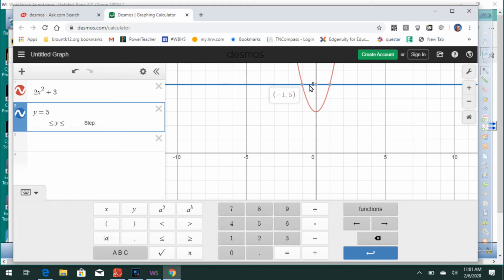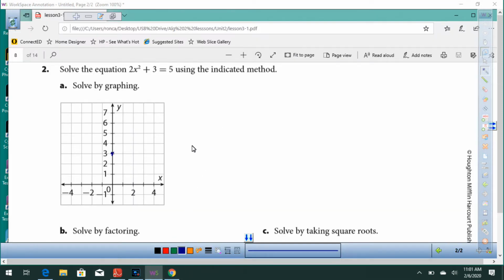Yep. And then negative 1, 5, and 1, 5. Negative 1, 5, 1, 5. And then we'll try to give it a nice rounded shape there. And there it is.